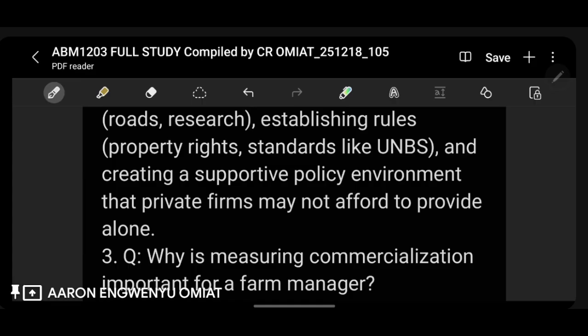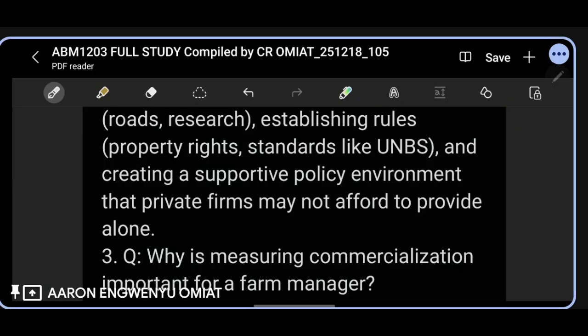We have said commercialization has to be measured by the farm manager because it is more profitable, and the manager has to get to know how he or she has performed within that sector and within a given year. Okay, correct. It's more profitable.